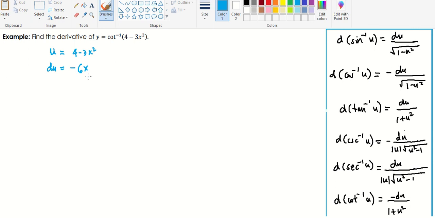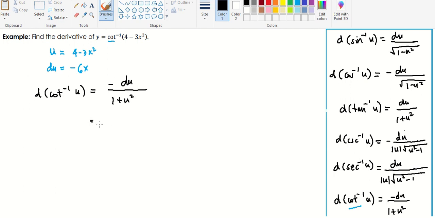Alright? So let's have our formula. So since this is cotangent or arcotangent, we're going to use here. The formula is derivative of arcotangent u is equal to negative du over 1 plus u squared.